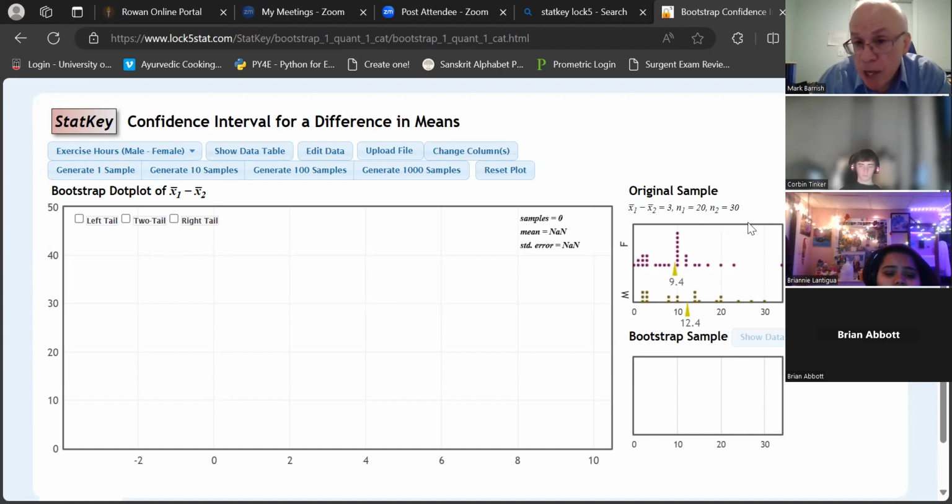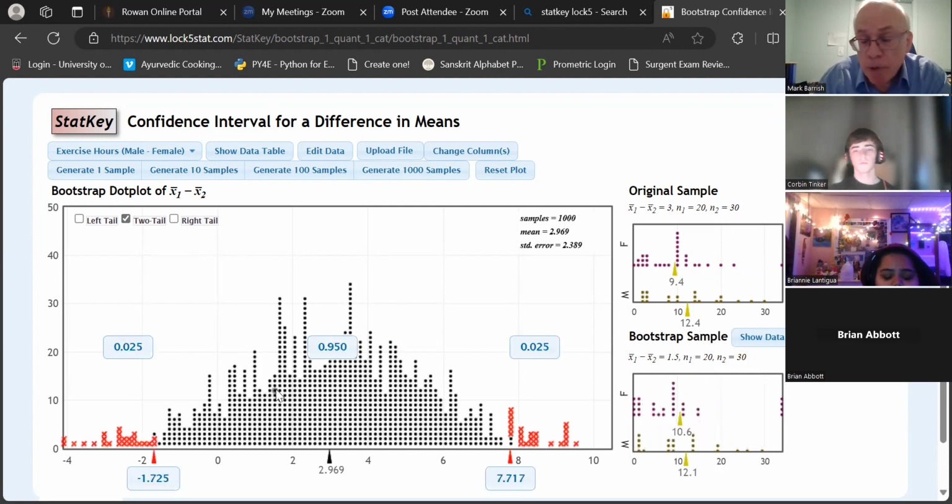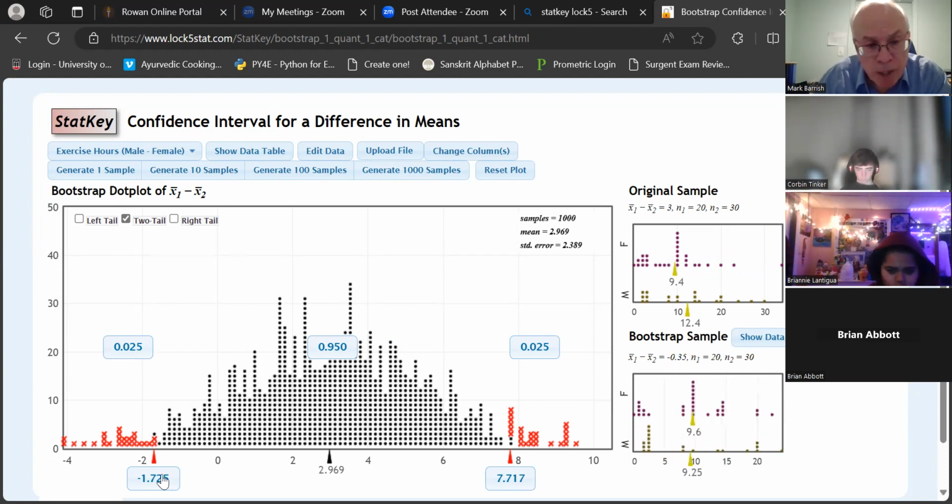It doesn't have to be the same. All right. And the means, difference in means. And then we can create 1,000 of these. And the interpretation is a little different because in this case, each dot represents the difference in means between the two groups. And it can be negative or it can be positive.